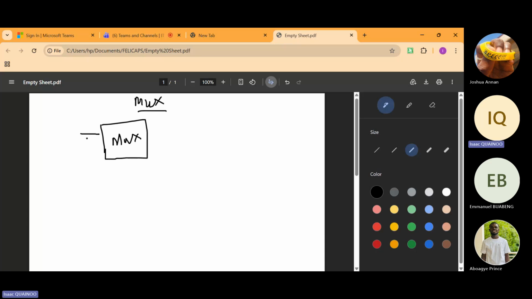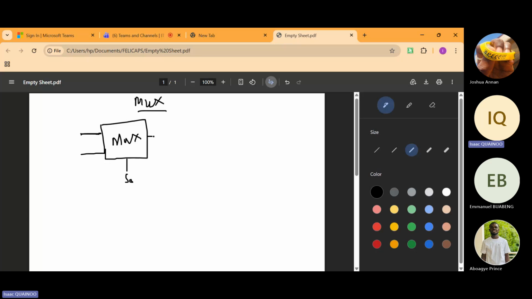Assuming we have a total of 2 inputs, you always have a selection criteria, which is called a selector. So let's call this X0. Our X0 is our selector. That is what you use to select, like our switch. That is what is going to send our selection signal, or our select line.